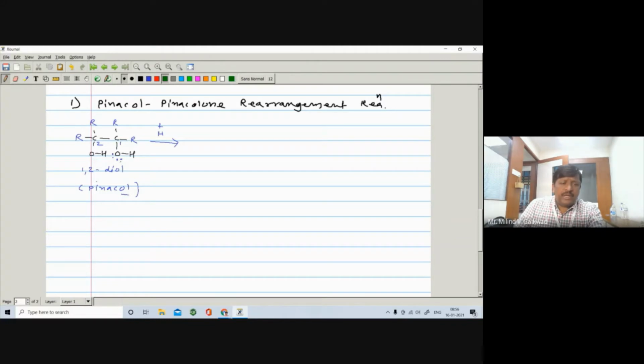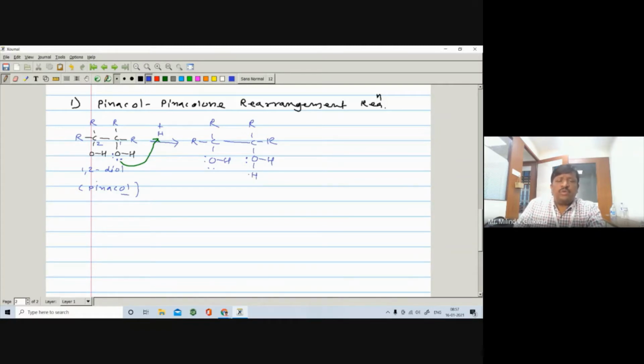The lone pair on this oxygen is given to the hydrogen, and there is formation of the corresponding protonated system. So here is R, here is R, here is the carbon, here is also R, here is OH with two lone pairs, and one of the lone pairs is involved in formation of a bond with the H plus.